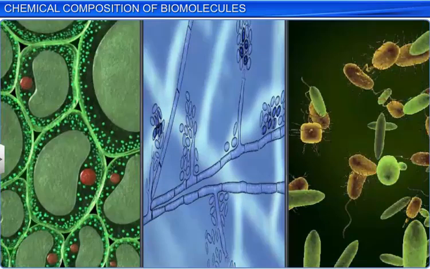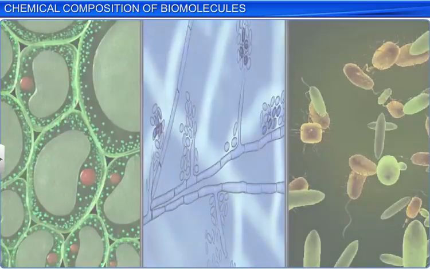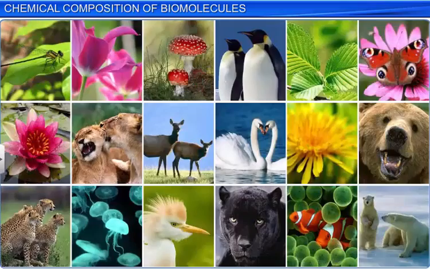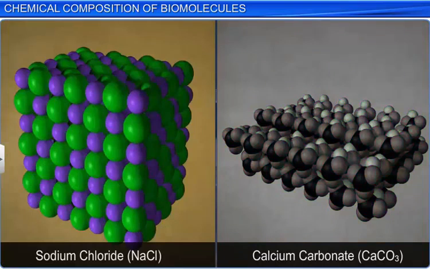They are found in plant, fungal, and microbial cells and perform an important ecological function. Some of them play a helpful role as antibiotics and pigments. Living beings are also composed of inorganic compounds such as sodium chloride and calcium carbonate.